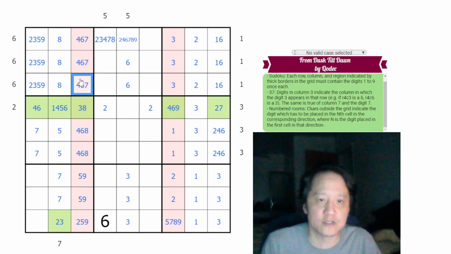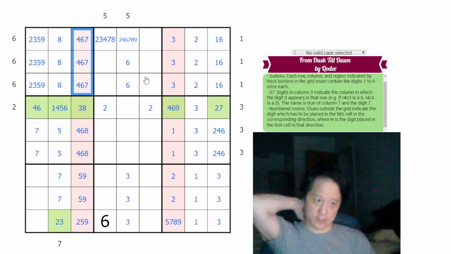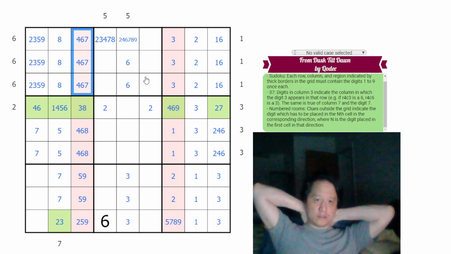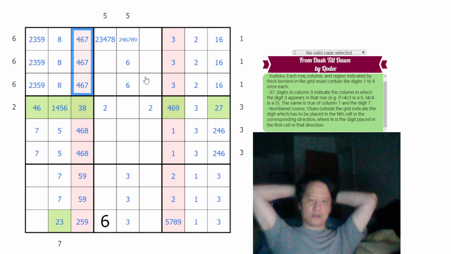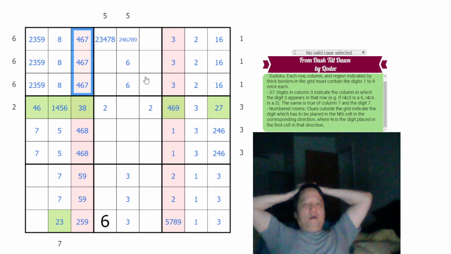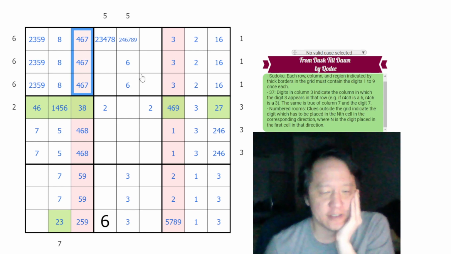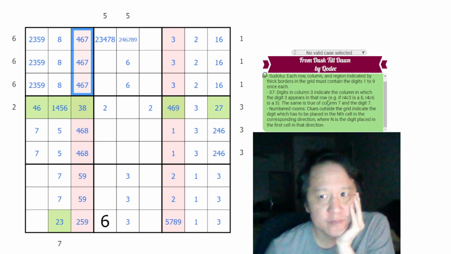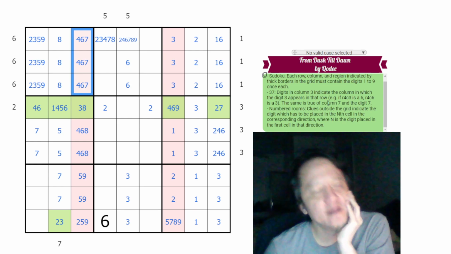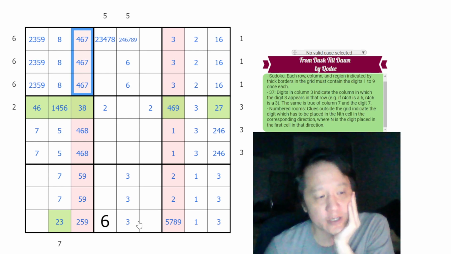This is 4 or 6, this is 4 or 6. I don't know if this tells us very much of anything. It's getting dark, so I'm going to pause this recording and maybe we'll pick up later.